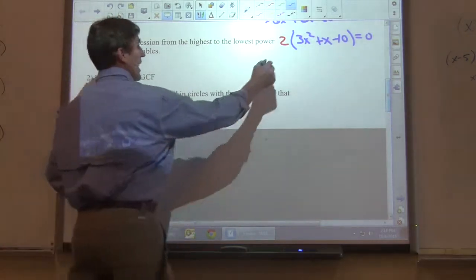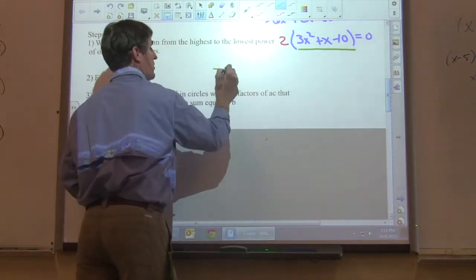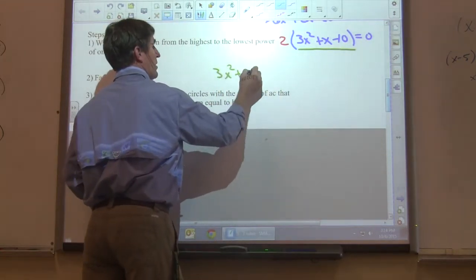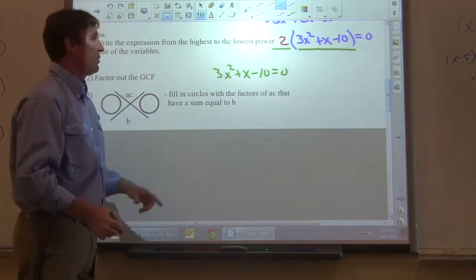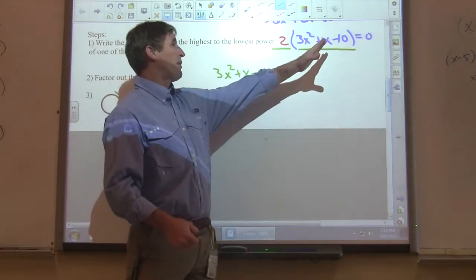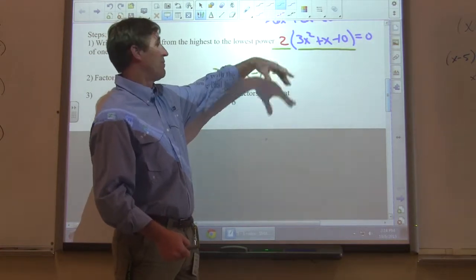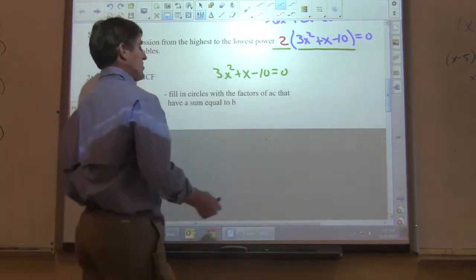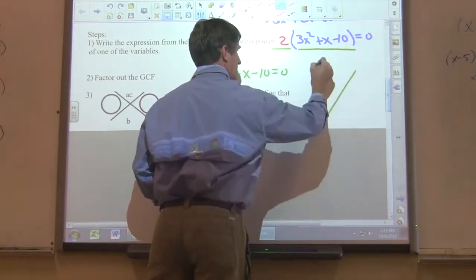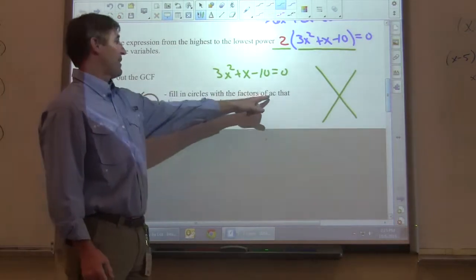Again, we're now working with this right here. We're doing 3x squared plus x minus 10 equals 0. We don't have to worry about the 2, because even though the 2 is multiplied to this, since there's no variable with it, it can't be equal to 0. It's just a number. So now we're working with this. So I'm going to make the x here. And we take the factors of a times c.